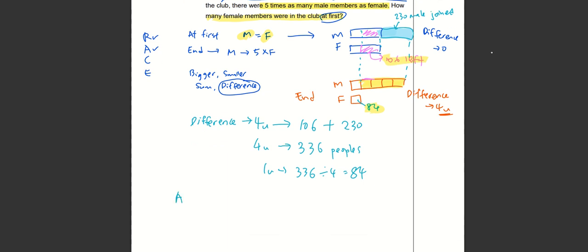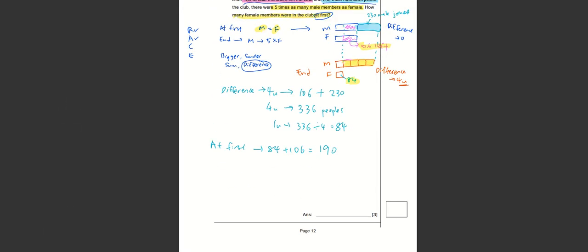So at first will be the girls at the end, 84, plus the girls that left, 106. Add them together, the answer should be 190 female members at first.